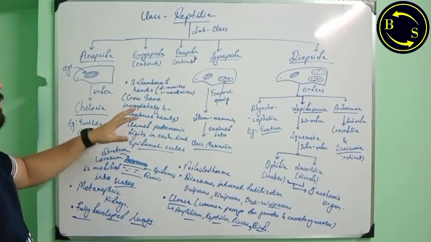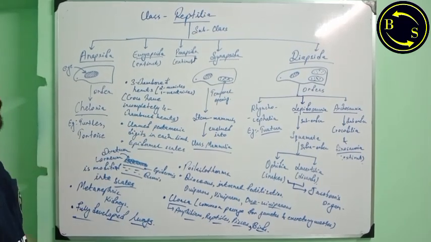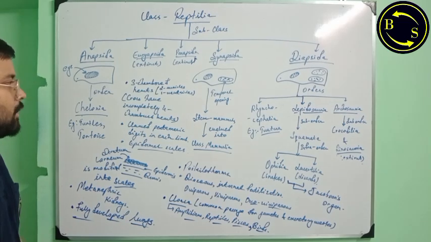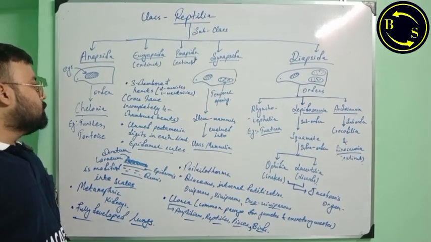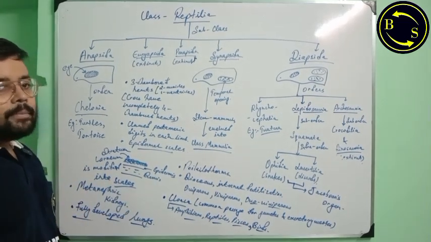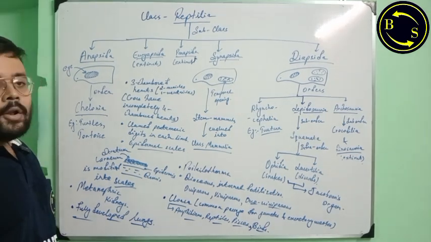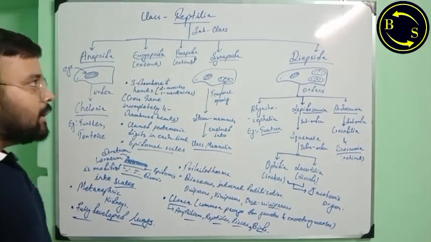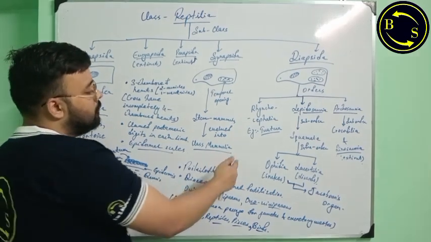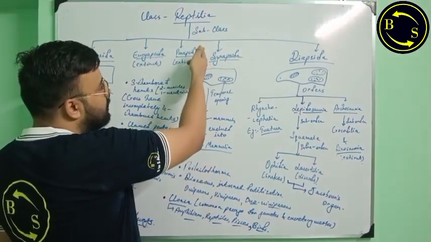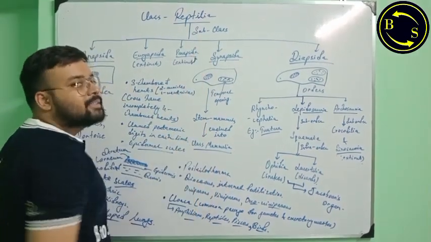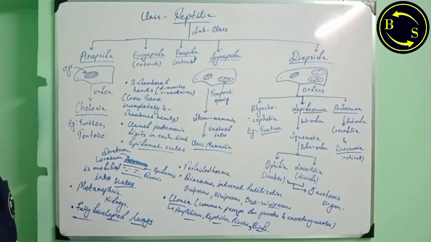So they do not have high stamina, as I should say. This incompletely four-chambered heart condition is even found in some human babies as well, which signifies that mammals have evolved from reptilian ancestors. Okay, so this is all we need to know about class Reptilia.